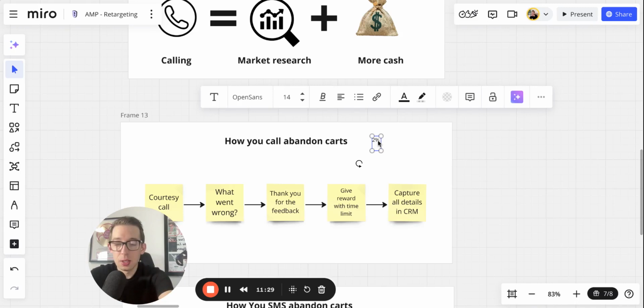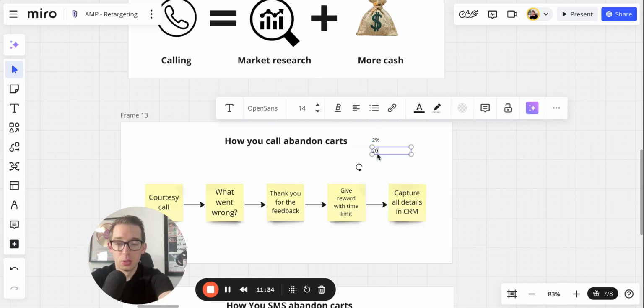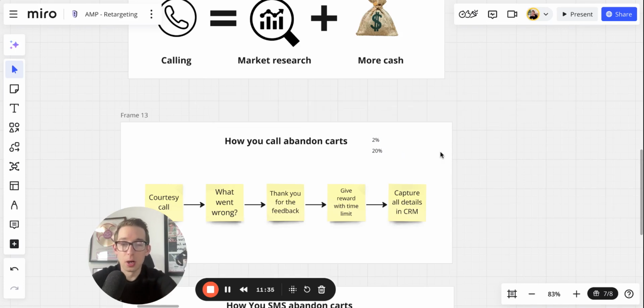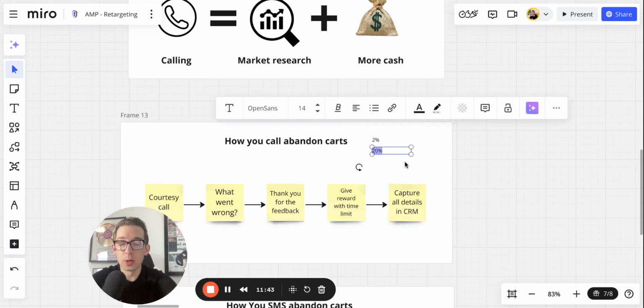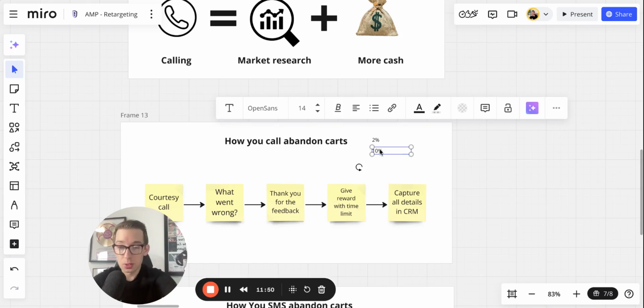Now think about this. If you have 20% of people abandoning cart, so they're actually giving you the details but not checking out, and you can close 50% of those people, well, that's half of the 20%. So that's 10% of people. So guess what? You just 5 times your sales by adding this one thing in.